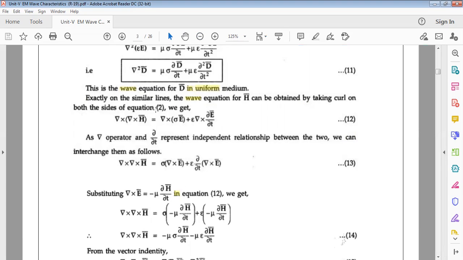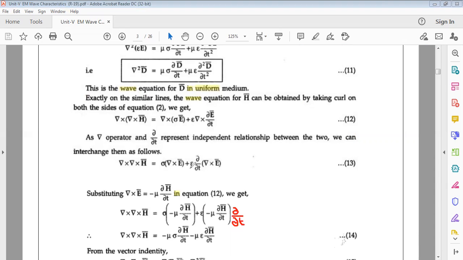So here already the dou by dou t is already there. There's some mistake in yesterday's class. Here there is another dou by dou t. Please note down, my dear students, this one. There is a printing mistake here. Del cross H bar is equal to sigma into del cross E bar plus epsilon into dou by dou t of del cross E bar.